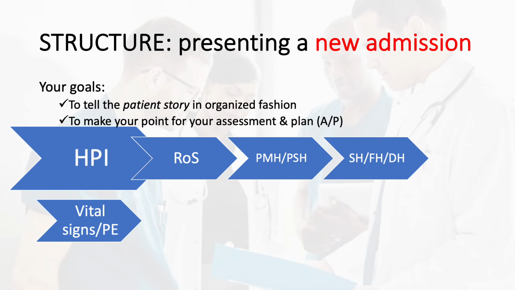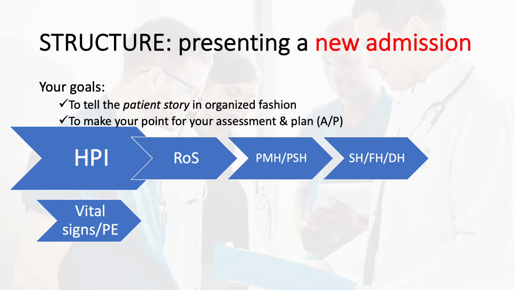And then you're going to present your vital signs at the beginning of the physical examination, and then you're going to start your exam with the general exam, and then you can start with the system involved, or you can defer the system involved to the end, whatever you like.